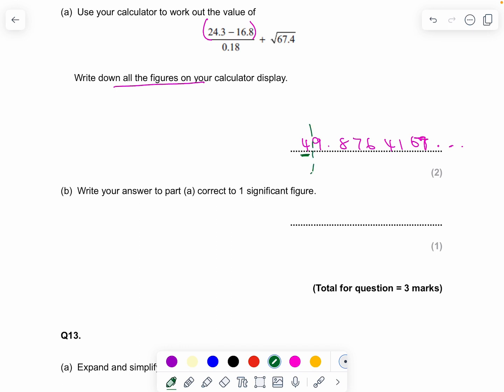So 4 tens. I need to decide, am I leaving it as 40 or am I going to round up to 50? If I look at the next number, because it's 5 or more, I'm going to round up to 50, and that's my number correct to one significant figure.